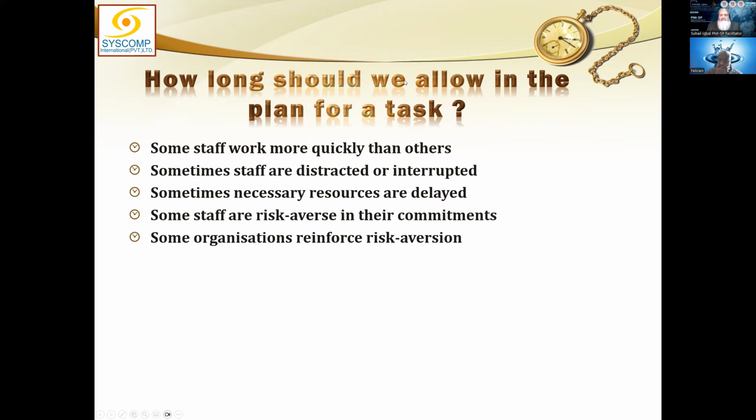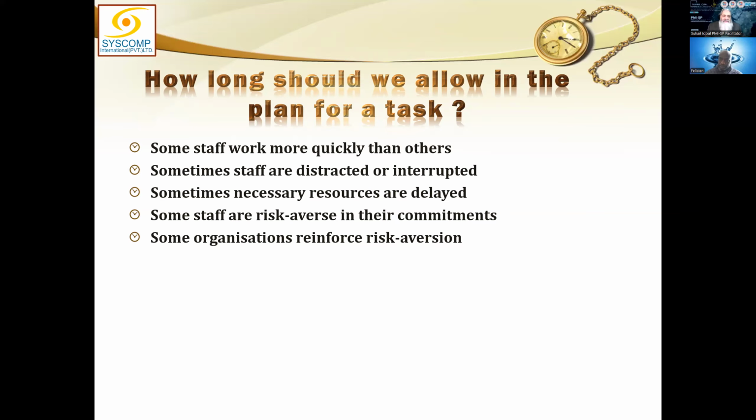How long should we allow in the plan for a task? For example, some staff work more quickly than others. Naturally, that is a perception. So maybe just a wild thinking. If we have people who can work faster, why can't we focus on them rather than focusing on those who are amateurs?